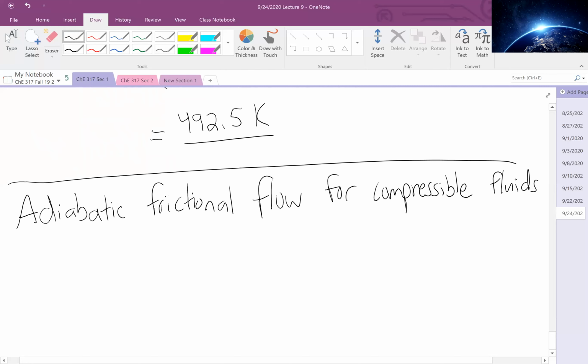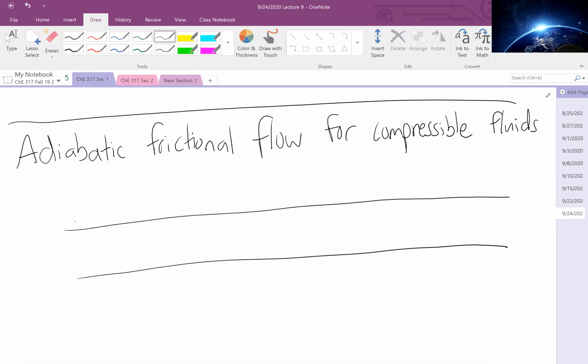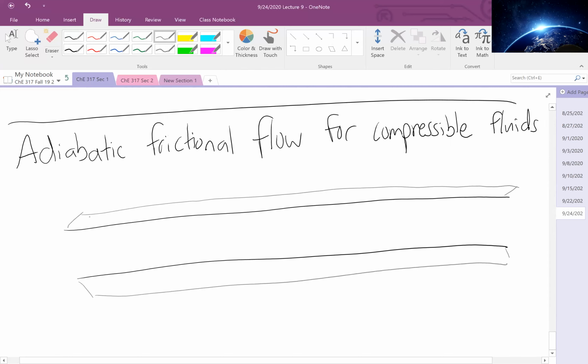So when I consider adiabatic flow, I'm assuming that if I have flow through the pipe, I can consider my heat transfer negligible, or I can approximate the pipe as an insulated pipe, right?